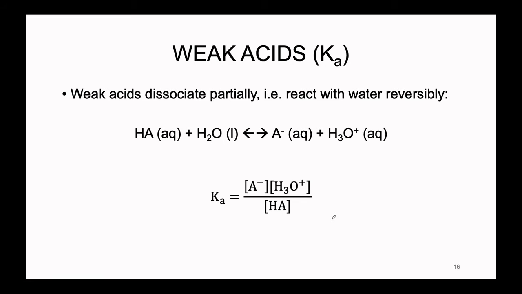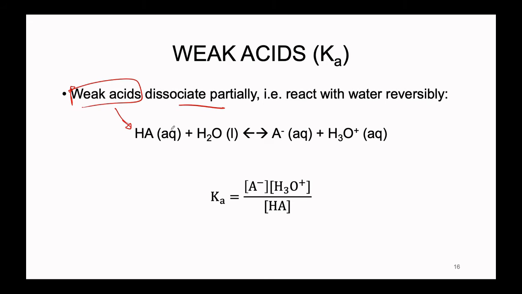So what sets weak acids and weak bases apart from strong acids and strong bases is that they partially dissociate in solution. So a weak acid, and we're going to talk about this case of A, weak acids partially dissociate in solution. So these are going to be species that react with water reversibly. This can be generically represented by the equation below, where we have some weak acid, HA, being dissolved into water, which is a liquid in form.